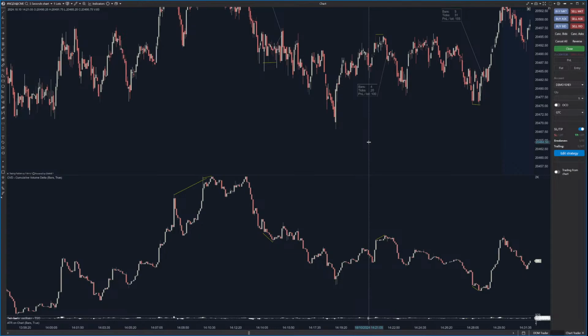And that is really that you don't need a big edge to be profitable in trading. And I believe that order flow trading with delta and volume and other aspects of order flow trading really gives you that edge that you just can't get from normal candlestick price action trading.